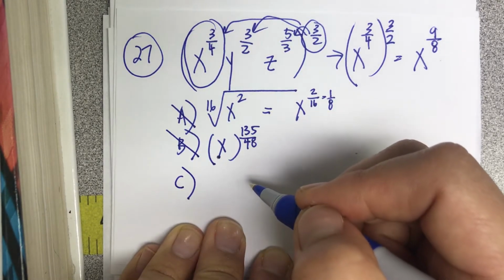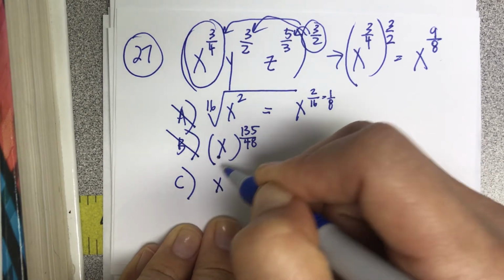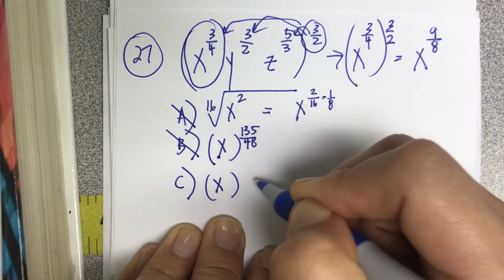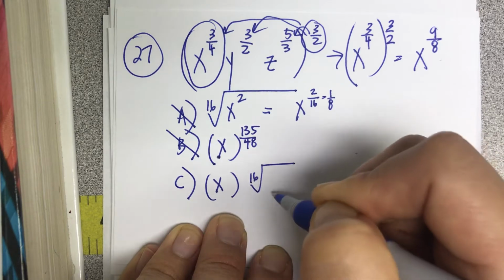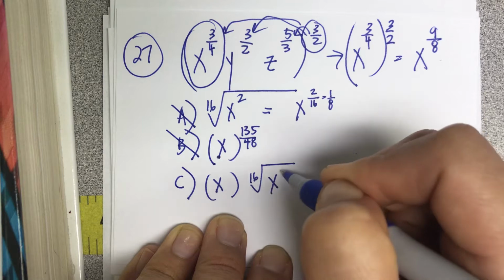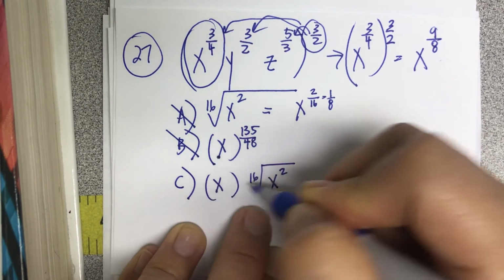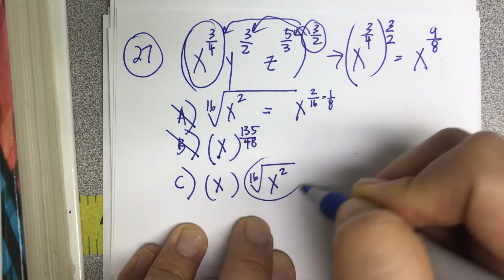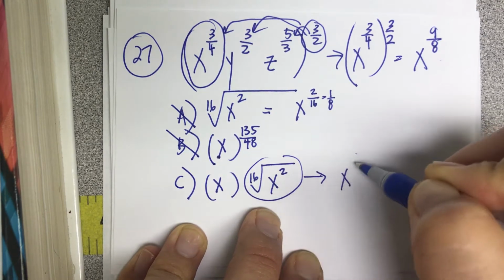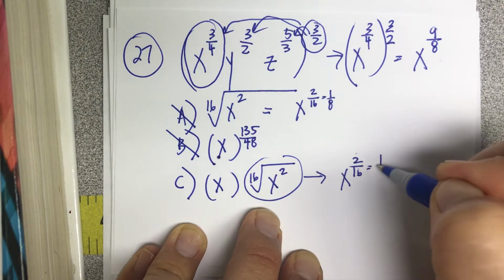Look at C. Okay, C is a little complicated. I'm just going to pull the x's out for the answers. It's going to be x, and then we have a 16th root of 2, x square root 2. Okay, so look here. I'm going to ignore this one right now, and I'm just going to do this. I'm going to rewrite this one right here as x to the 2 over 16, which is the same thing as 1 over 8.